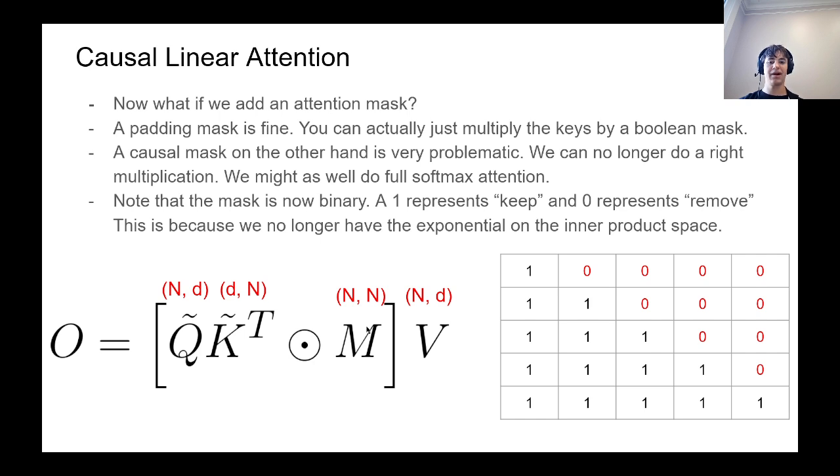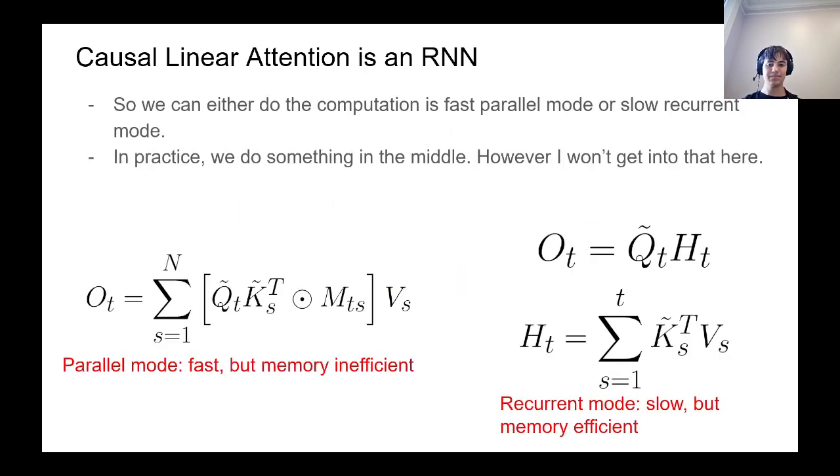Basically, you do the inner product, you multiply it by the mask, and then you multiply by the values. So parallel mode, really fast: one matrix multiplication, one Hadamard product, and then another matrix multiplication. So really, really fast in terms of compute speed. However, this takes up n squared memory, so really bad in terms of memory. The second option is you have this recurrent mode.